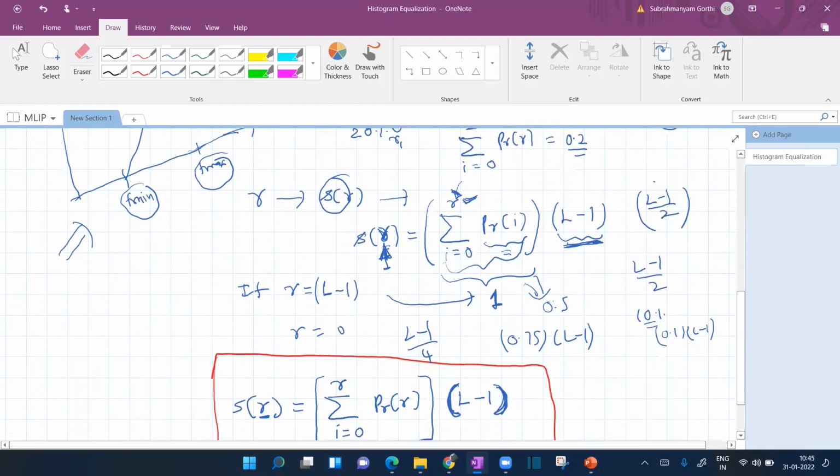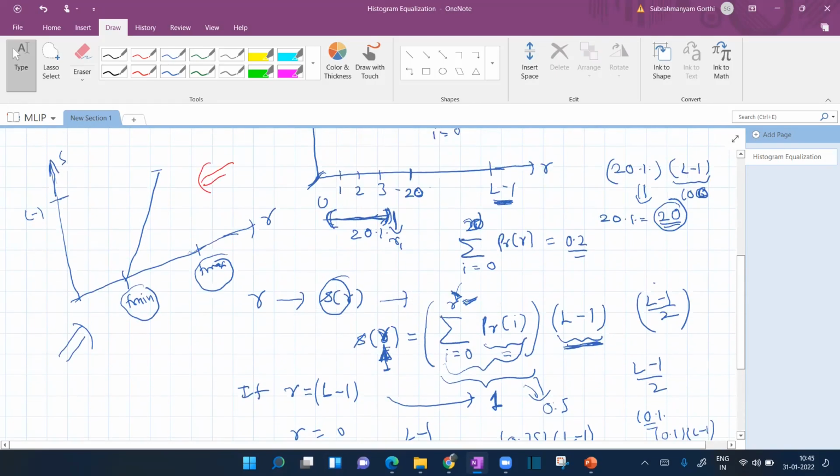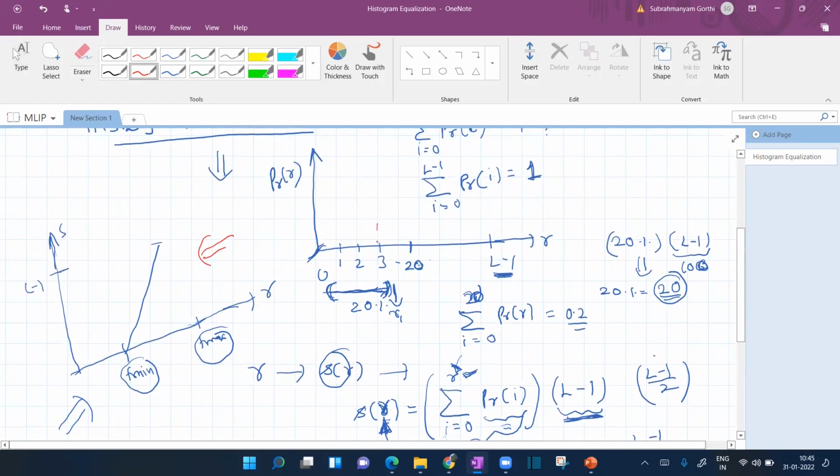Now, when it comes to histogram equalization, rather than calling it a definition, hypothesis is a more appropriate word for what we consider a good image. We come up with a hypothesis that you also look at how many pixels have that particular intensity. Don't just get carried away by the definition of fmin and fmax, because in your histogram, there might be just one pixel here, or a very small fraction of pixels there.